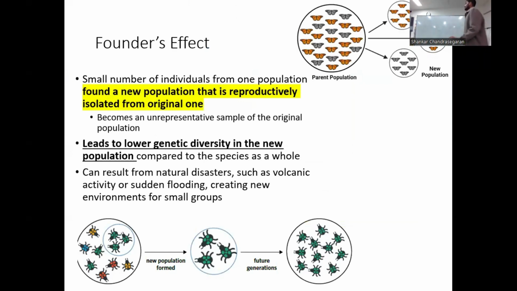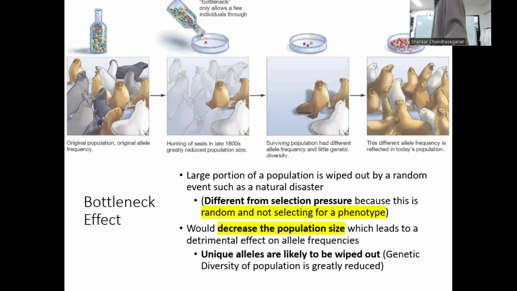The next one is the founder effect. This is different from the bottleneck effect, because the bottleneck effect is talking about a large portion of the population being wiped out due to a random natural event, like a natural disaster or something like that, or hunters. There's a bunch of factors that can cause this.